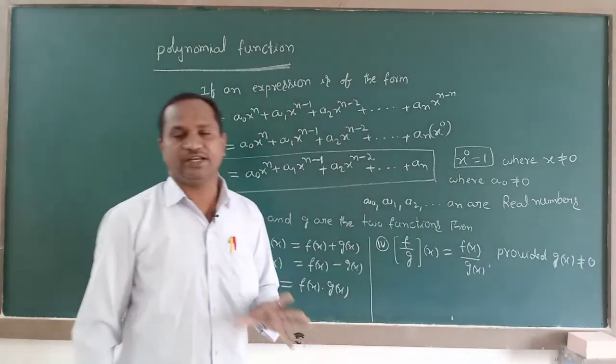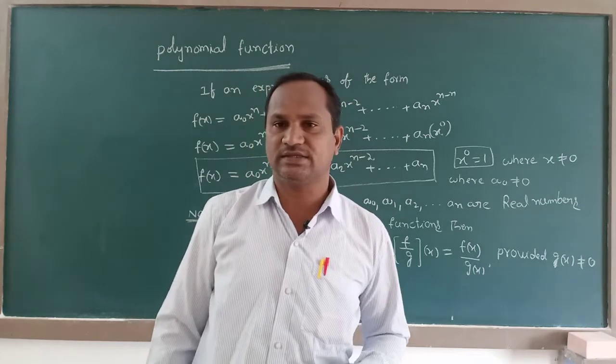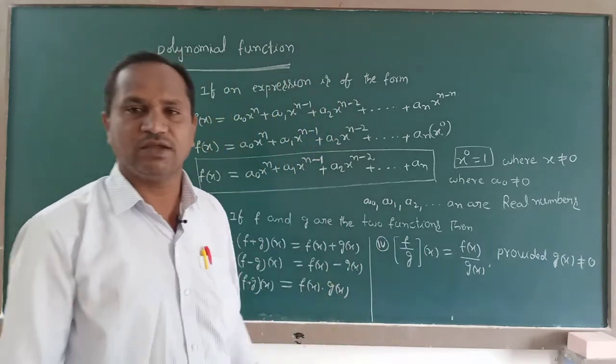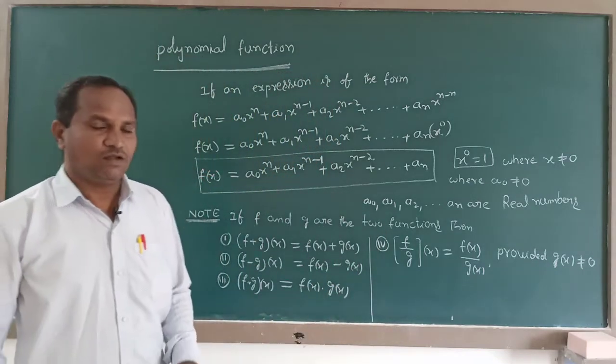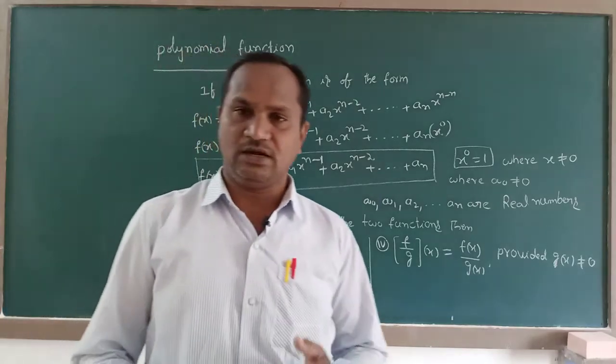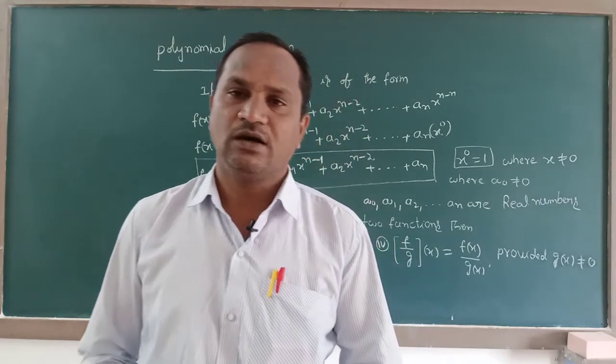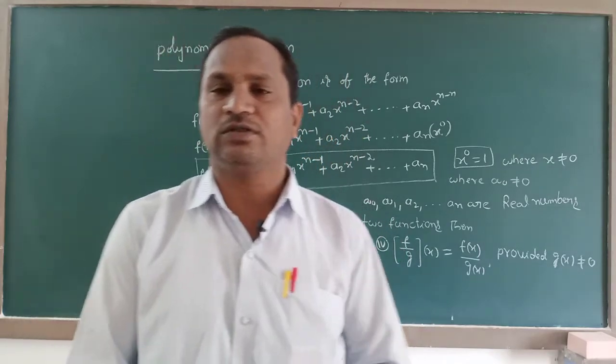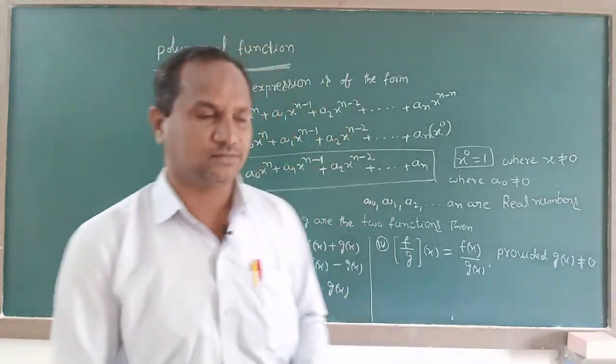Like these points, we need them to solve some problems in the case of functions. That's what I have given here. Now let us find how we find the domain, how we find the codomain, and how we find the range. We'll now discuss all these three.